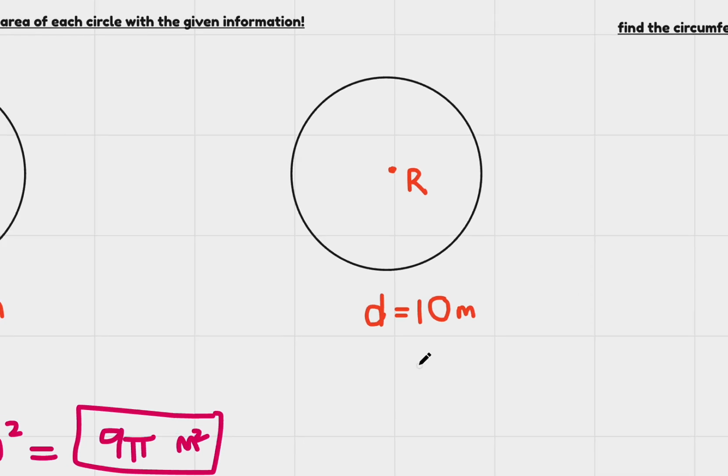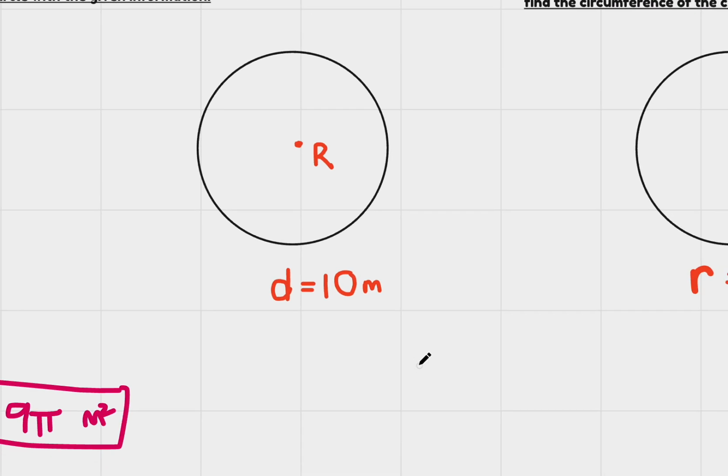Here we're also trying to find the area of circle R. Now instead of the radius, we're given the diameter. This is really important. This is the line that goes through the center point, and this is our diameter. We can see through this image that the radius is just half of the diameter.